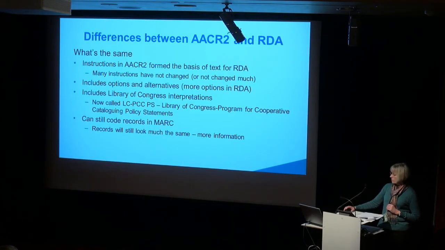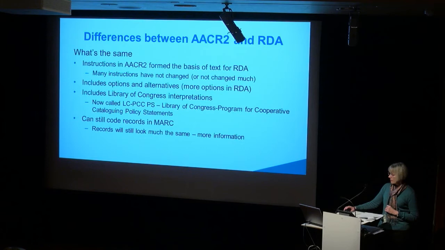It includes lots of options and alternatives, as AACR did, but there are a lot more options and alternatives in RDA. It includes Library of Congress interpretations, as we've been used to in AACR, or we used it in conjunction with AACR.